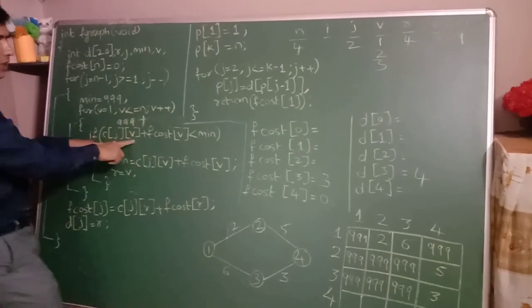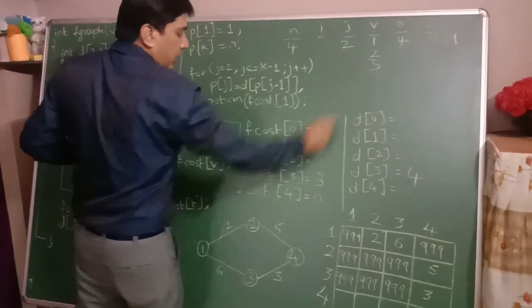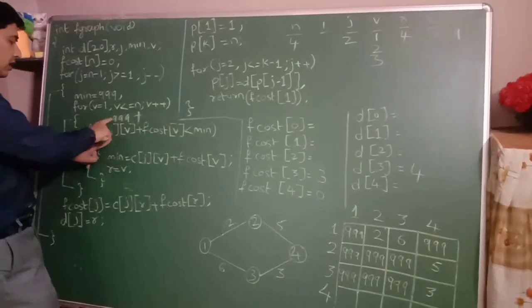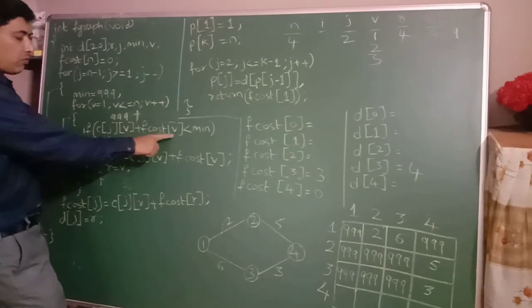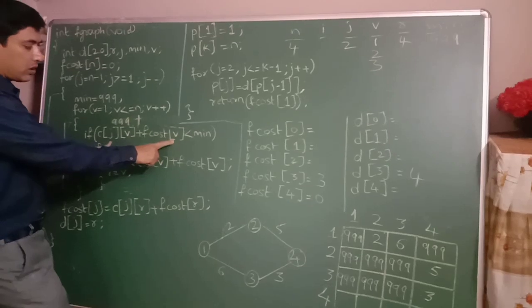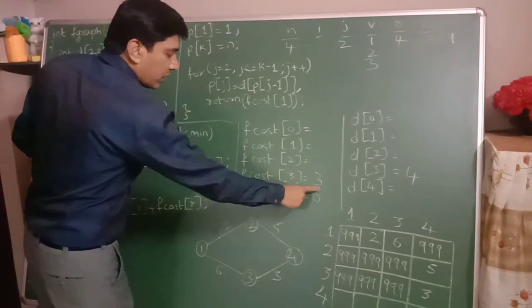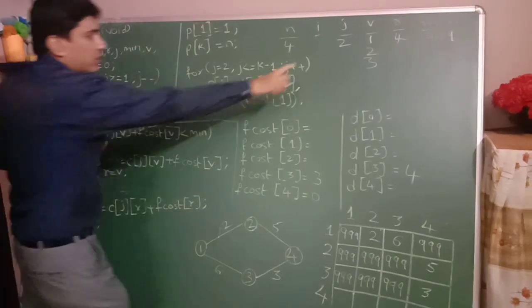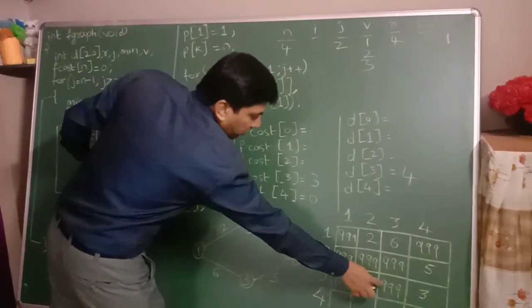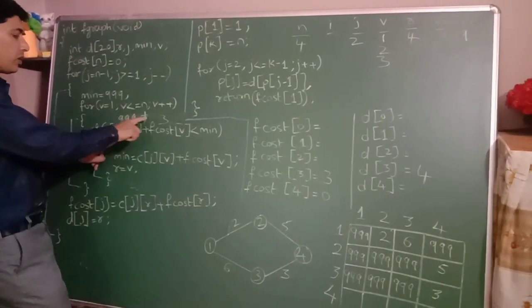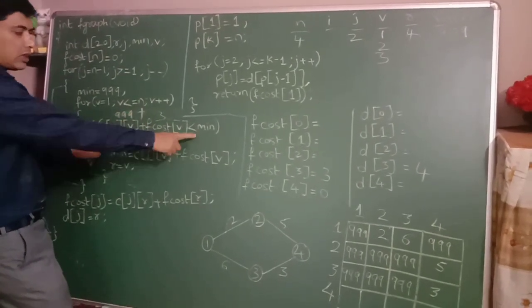So j v, that is 3, is again 999. Is 999 plus f cost of v, f cost of 3 is 3 here, so this will become 1002. Is it less than min?